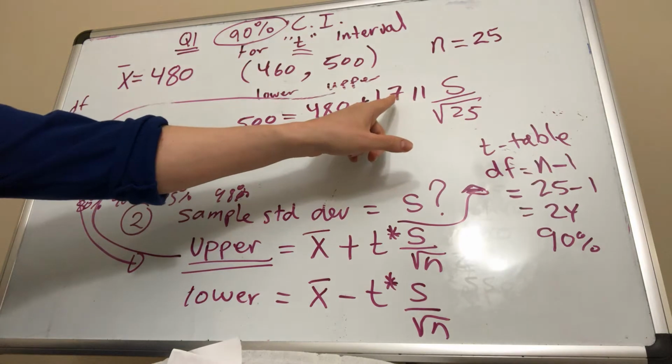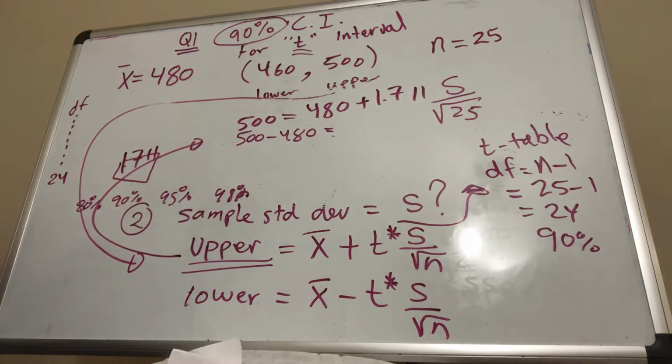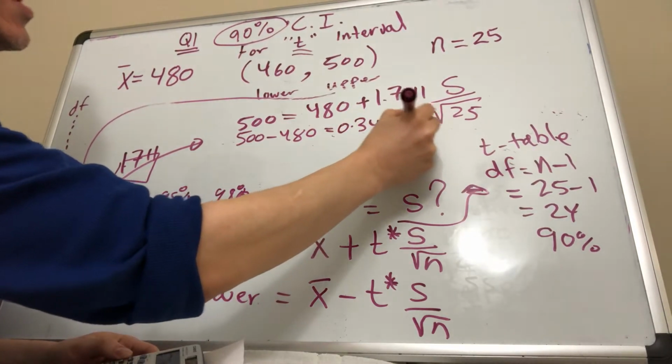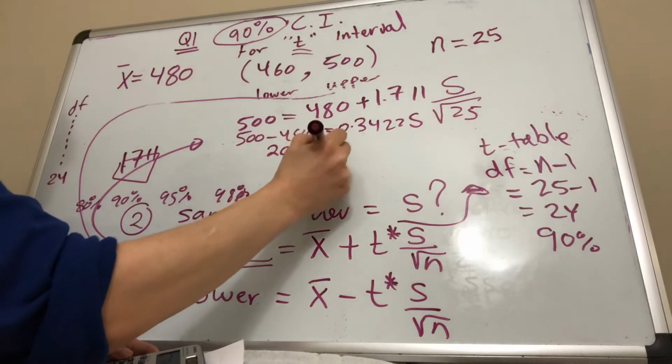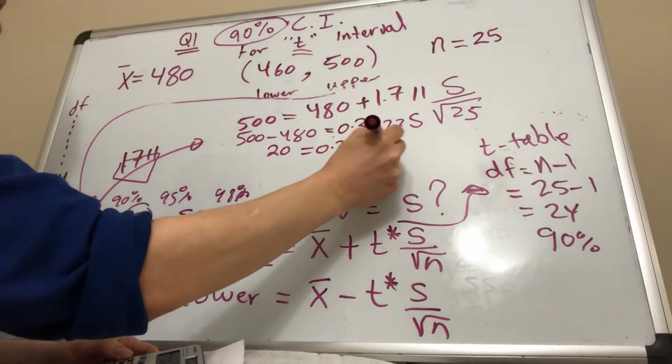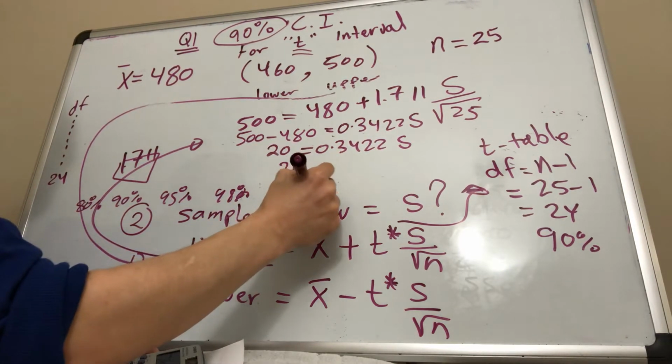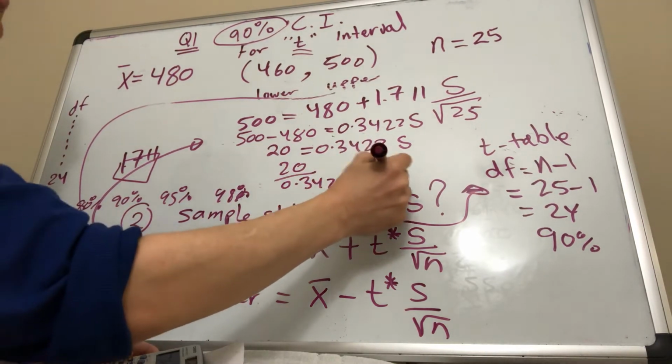I take 1.711 over the square root of 25. That gives me 0.3422 S. This is 20 equals 0.3422 S, meaning 20 over 0.3422 would be your S.